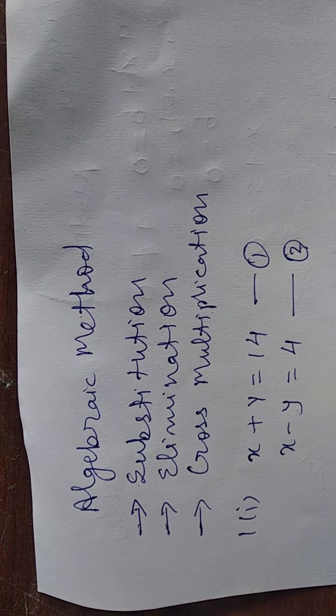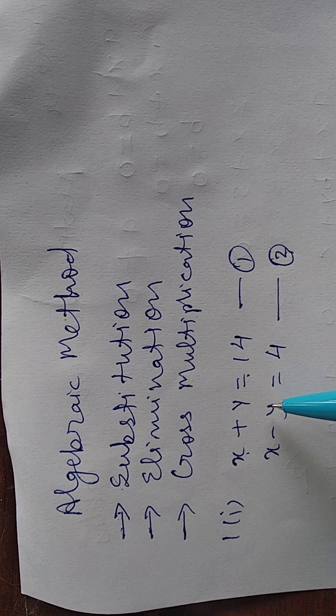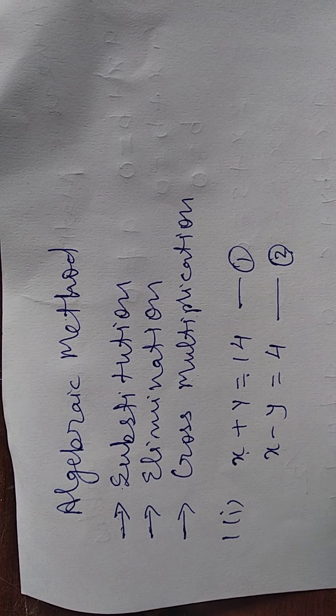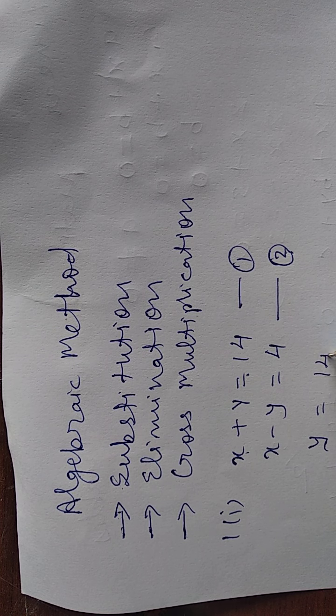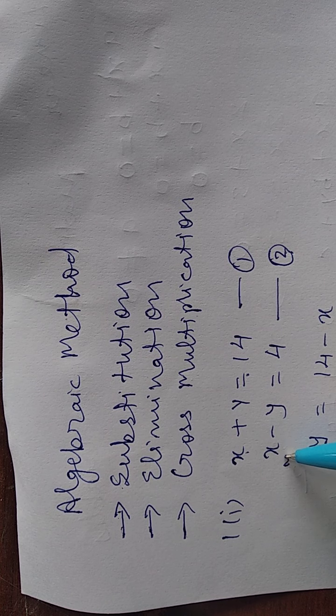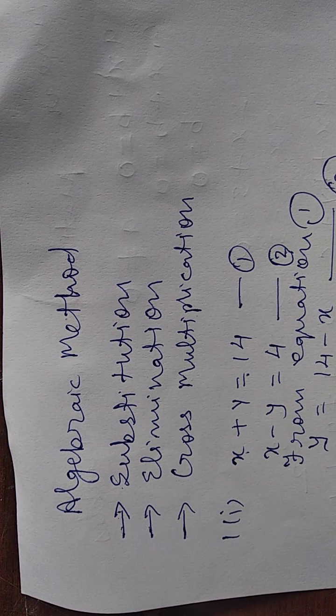So first of all, we will find either value of x or y from equation 1. So here y is equal to 14 minus x. This is from equation 1. This is equation number 3.